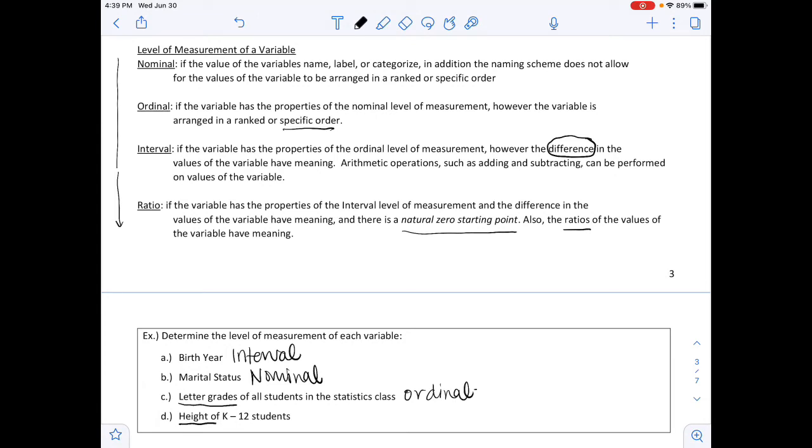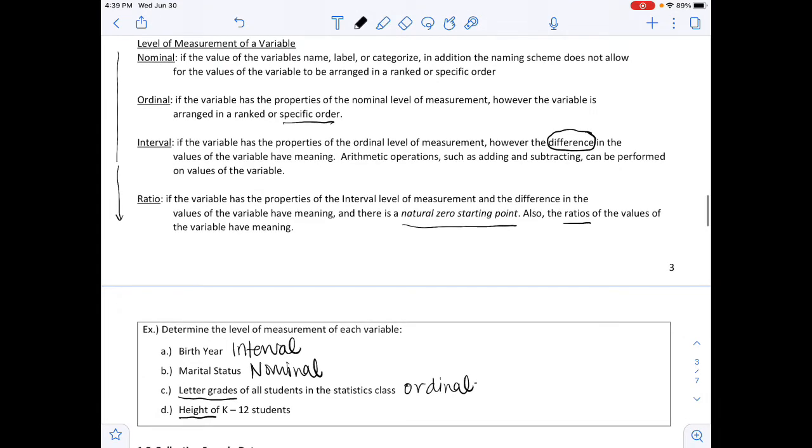Next one we check is ratio. For ratio, this is where we would be able to divide. Let's say 6 feet divided by 3 feet. When you divide 6 by 3, you get 2. And so you can see that the 6-foot tall student is twice as tall as the 3-foot tall student.